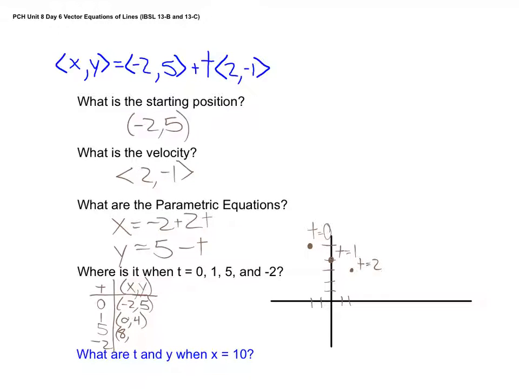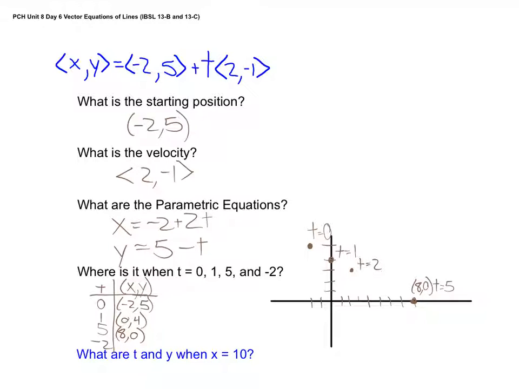And y is going to be 5 minus 5, so that's 0. The point (8, 0) is when t equals 5.